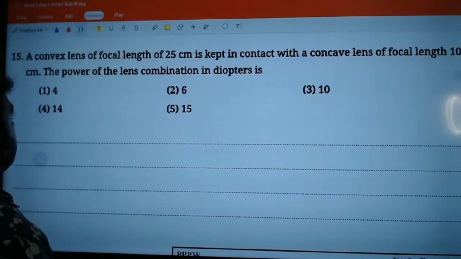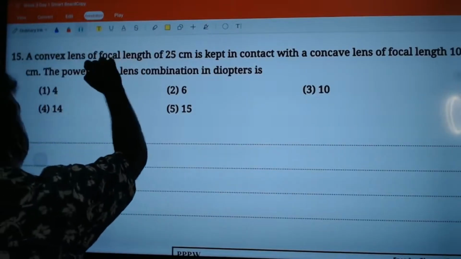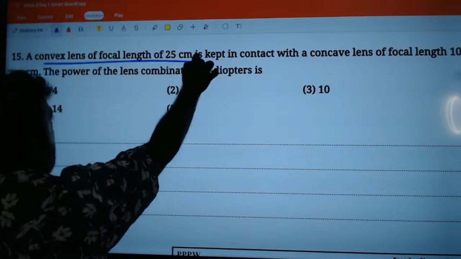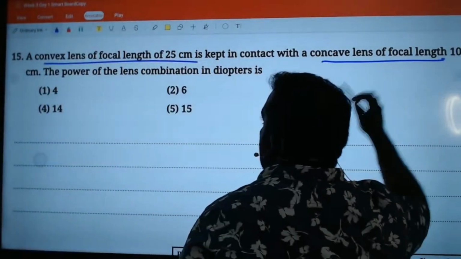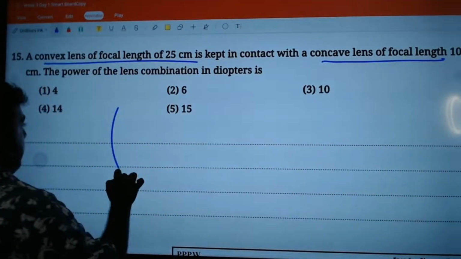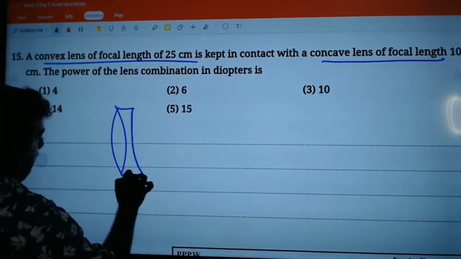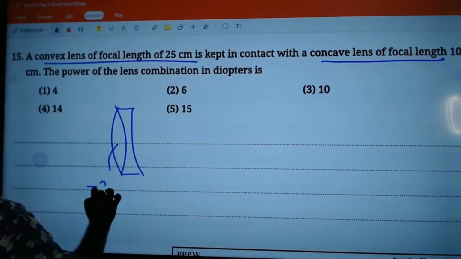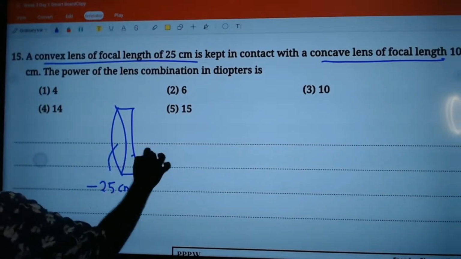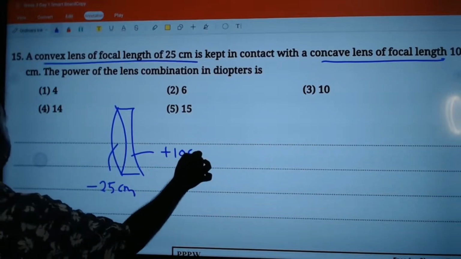Question number 15. A convex lens of focal length 25 is kept in contact with a concave lens of focal length 10. Focal length of the convex lens is minus 25, concave lens plus 10.